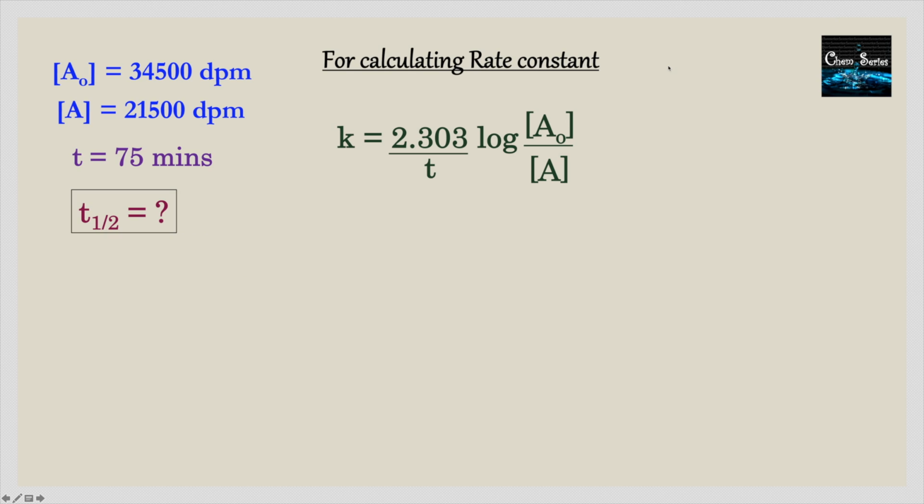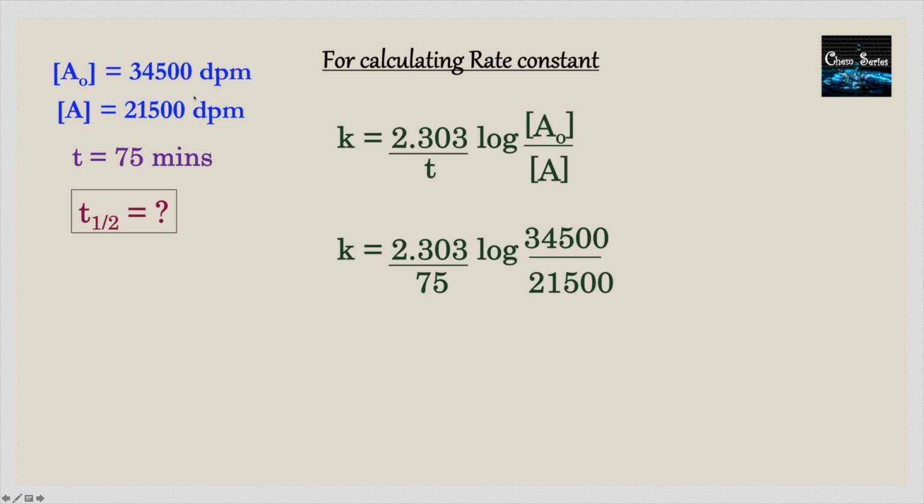Now for calculating the rate constant, when we substitute T, A naught and A in this formula, we get K equal to 2.303 divided by 75 log 34,500 divided by 21,500. And you don't need to divide or multiply it accurately.